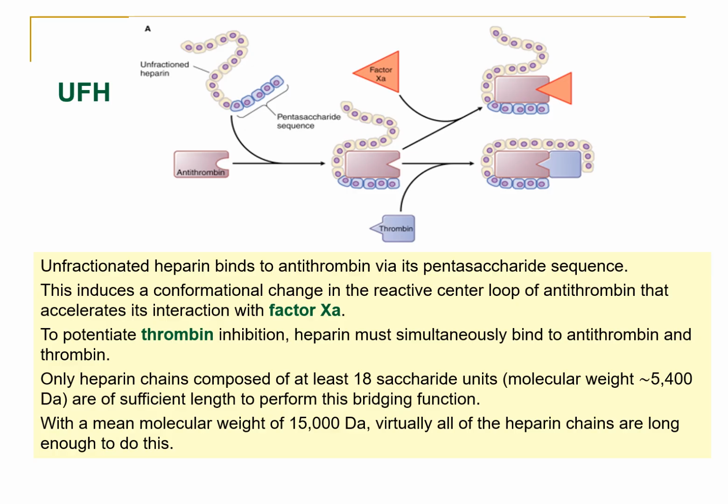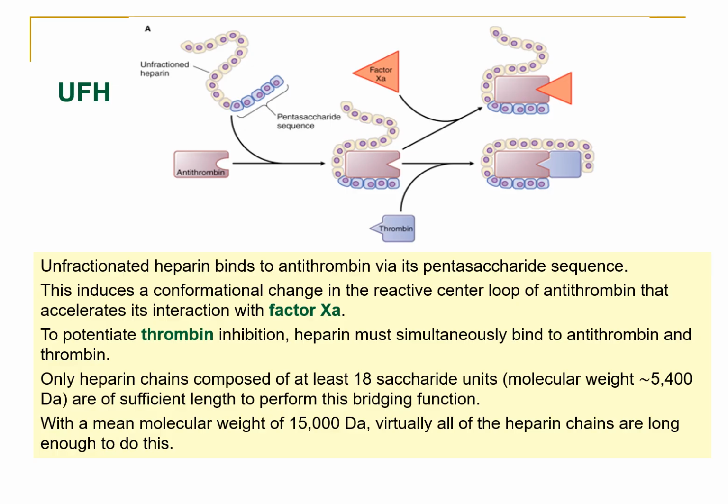It's very important to note that the length of the unfractionated heparin is important for thrombin inhibition. It's not the case for factor Xa. So for thrombin to be inhibited, the binding of unfractionated heparin to antithrombin is not enough. It also needs to bind to thrombin so that the effect is much more. This is not the case for factor Xa.